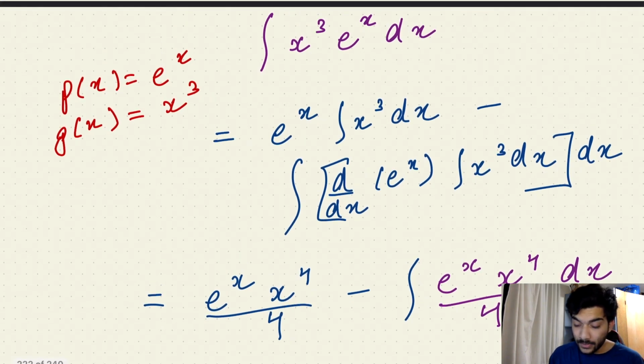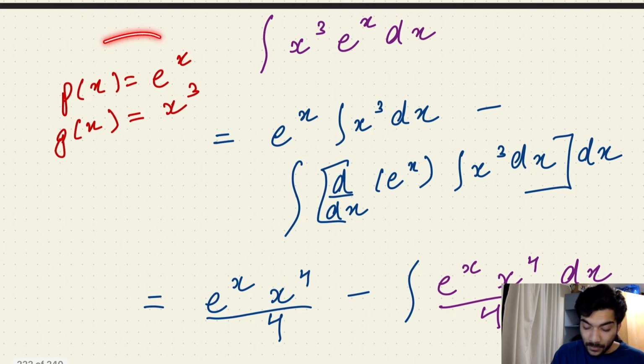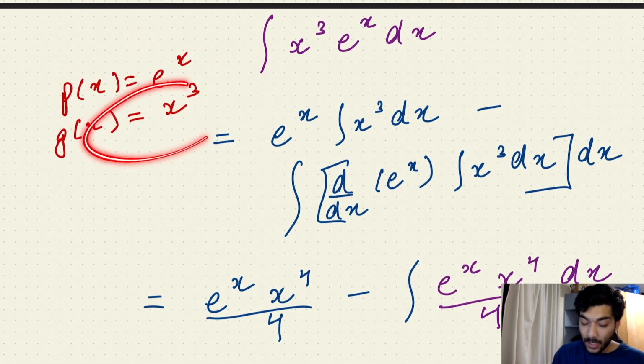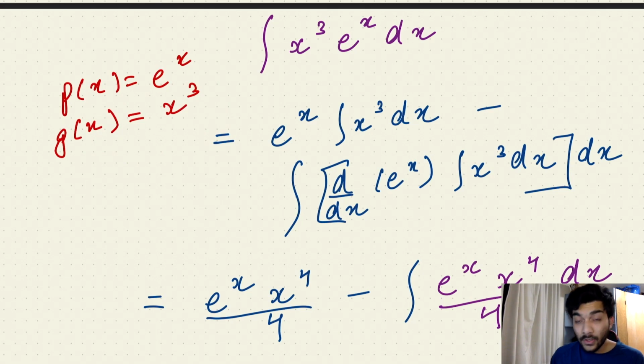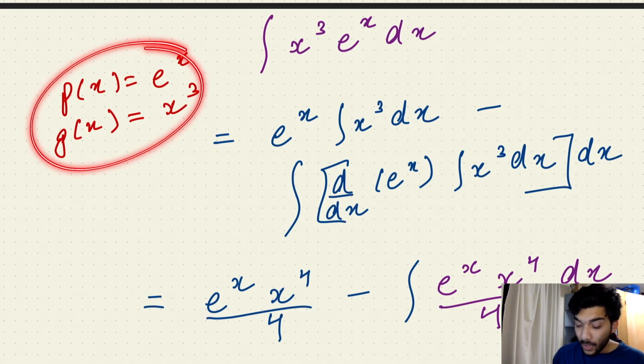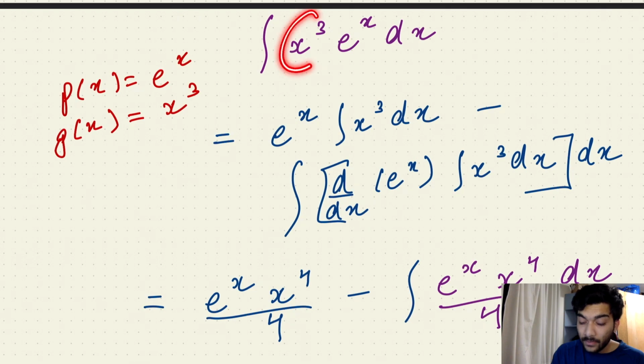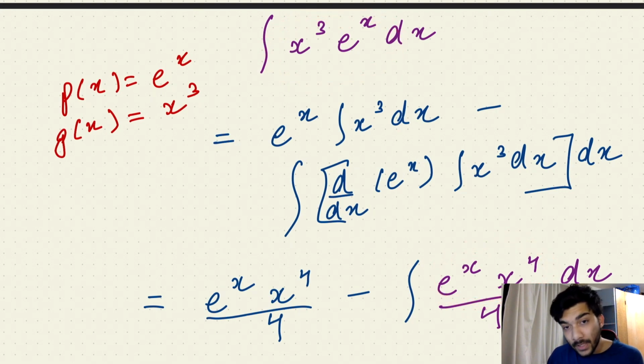And now in this case you'll realize that when you assume your first function to be e to the power x and your second function to be x cube, you'll see that if you're using this approach, you are indeed increasing the power of your polynomial function. So in the original expression, it was x cubed times e to the power x, but now you have x to the power 4 times e to the power x.